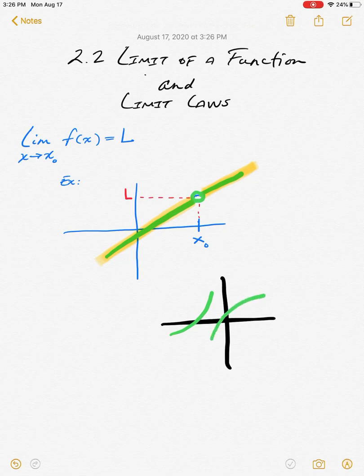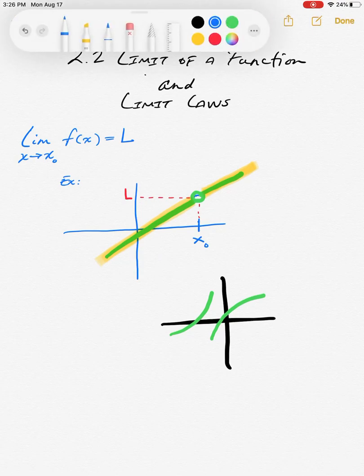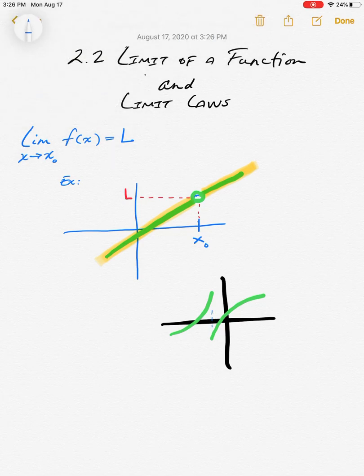And we're going to say that x naught is right there.